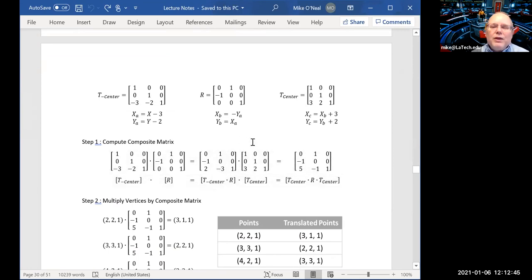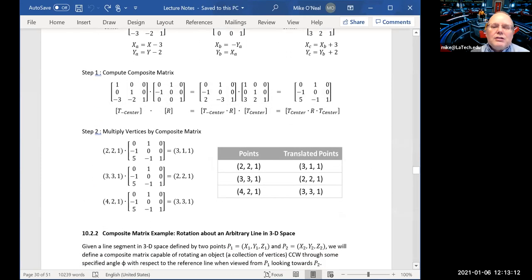And then we can take this and multiply it times a matrix that gets you back to the original point. Multiply these and you get this matrix here. This matrix represents moving the reference point to the origin, doing the rotation, and moving the reference point back. This one matrix does all 3 of these things.